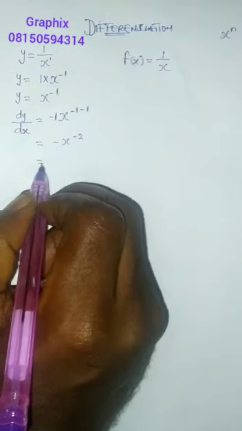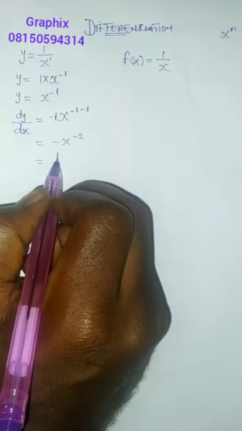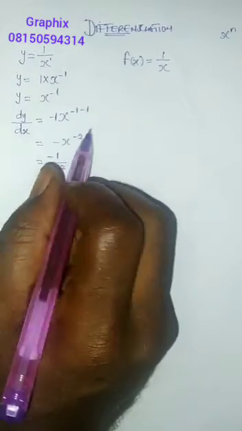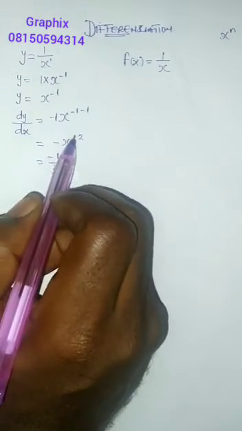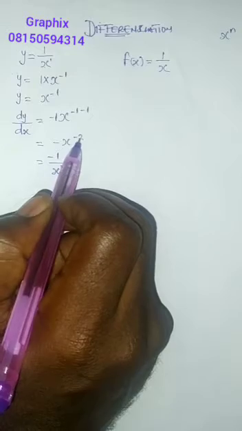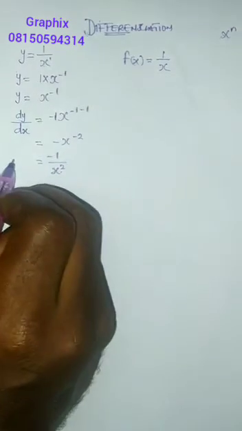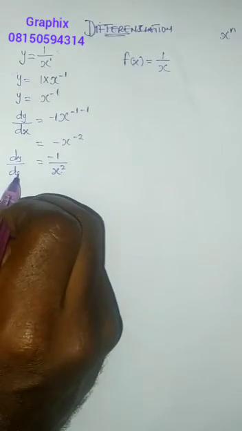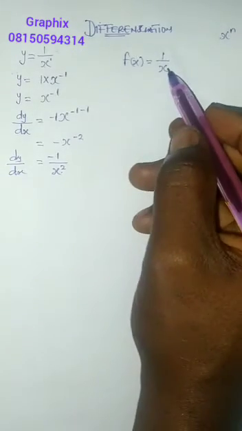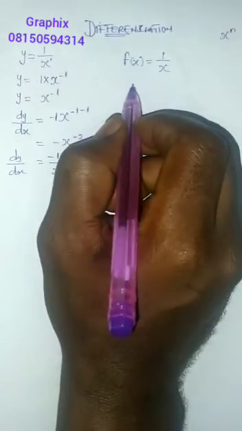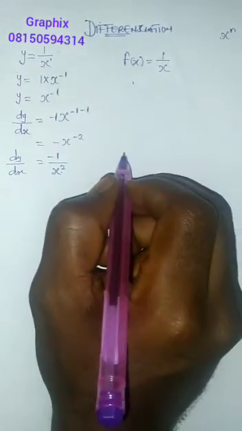So this will give me 1 all over x squared. Let's put the minus there because there's a 1 there. So when this is going back, the minus will leave and it becomes just 2. Is that taken now? So this is my dy over dx.